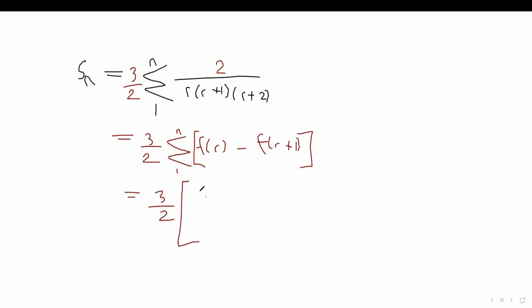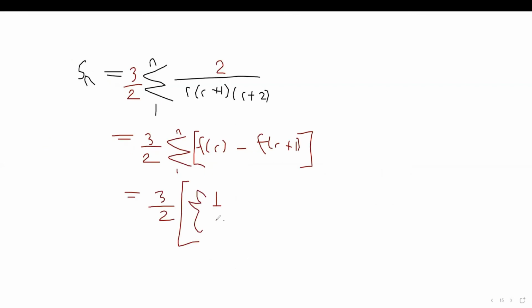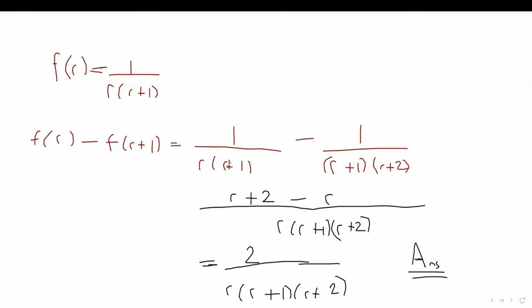Let's look at the first part, when you have f of r. f of r was 1 over r times r plus 1. Plugging in r as 1, you get 1 times 1 plus 1, which is 2. That's 1 over 2. Plugging in r as 2, it would be 1 over 2 times 2 plus 1, so 2 times 3, that would be 1 over 6.